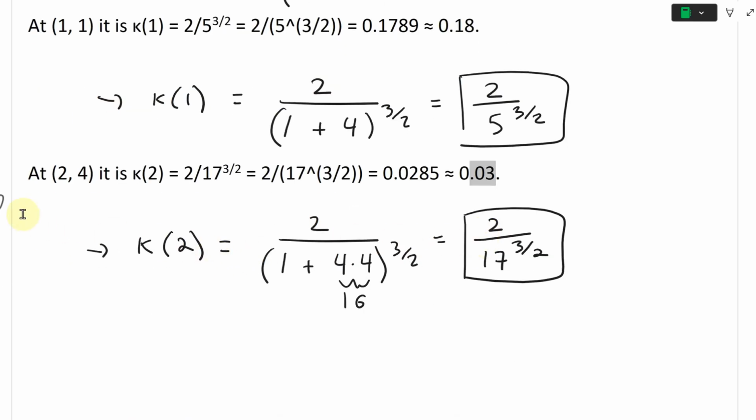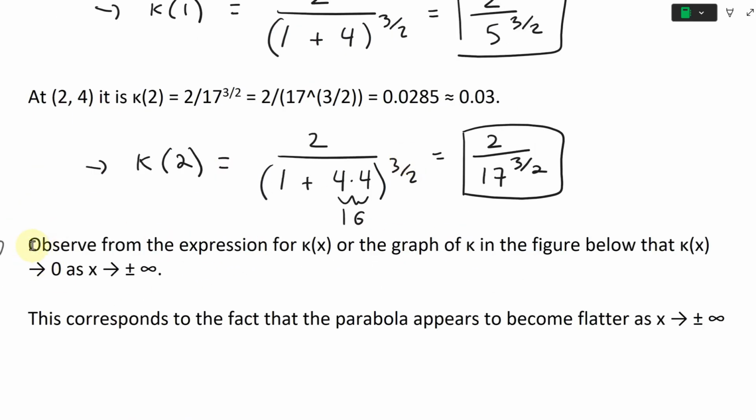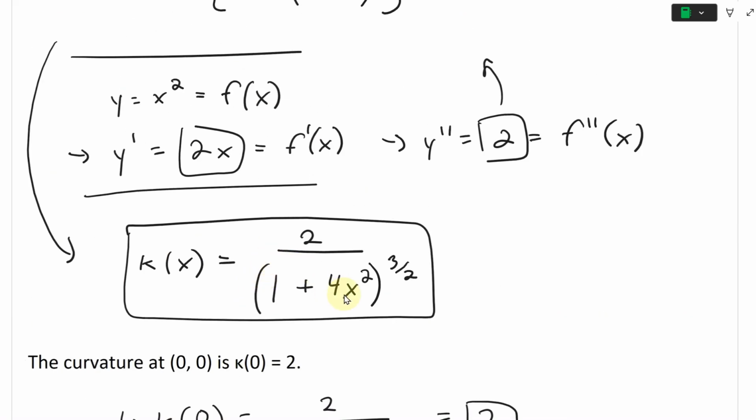It's fascinating stuff. All right, going further. So observe from the expression for kappa of x, or the curvature as a function of x, or the graph of kappa in the figure below, and I'll draw that soon, that kappa of x approaches 0 as x approaches plus or minus infinity. You can also see this from here as well. As you go to plus or minus infinity, the bottom is going to be 4 times infinity squared, all to the power of 3 over 2.